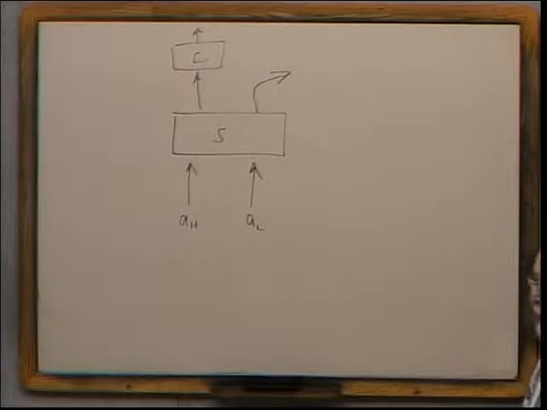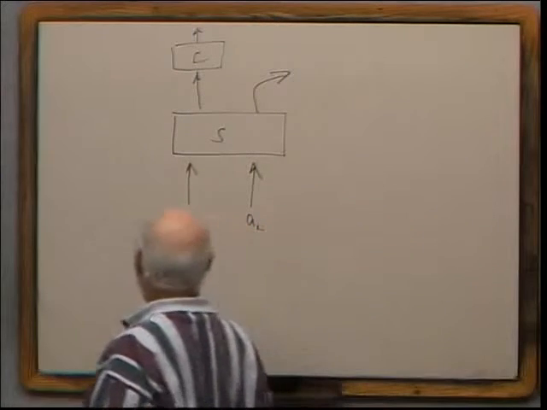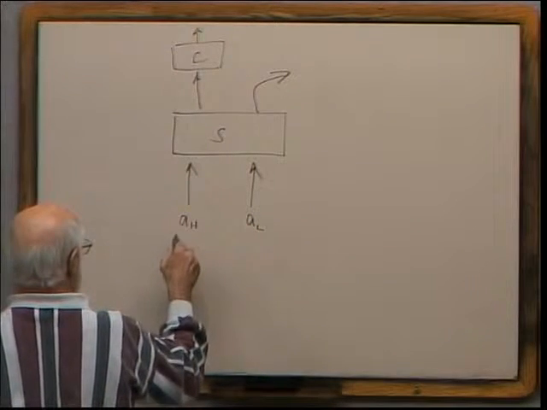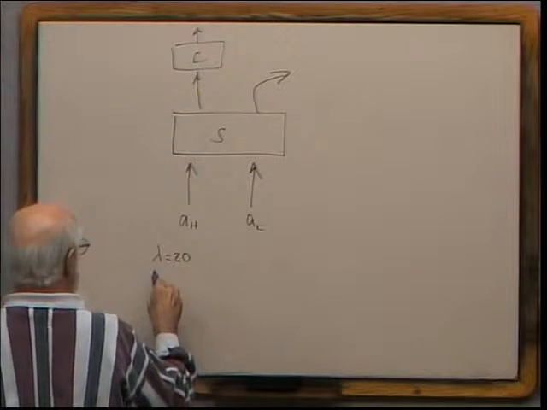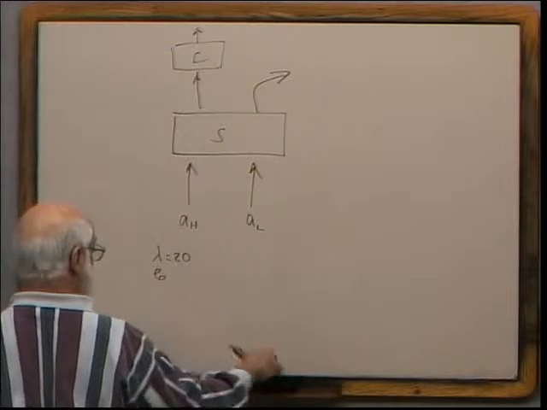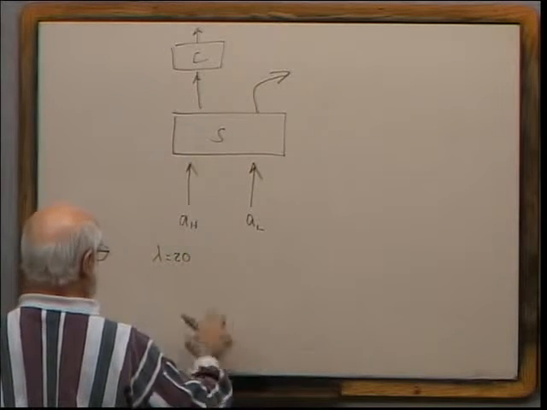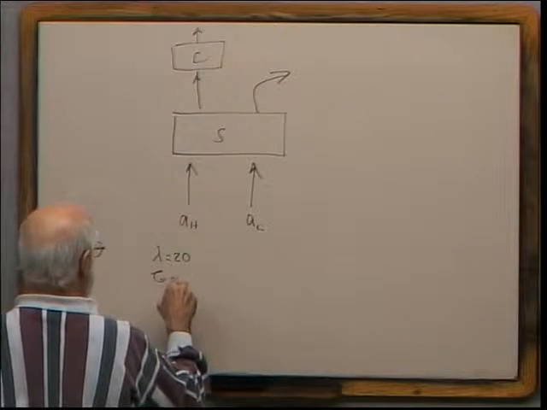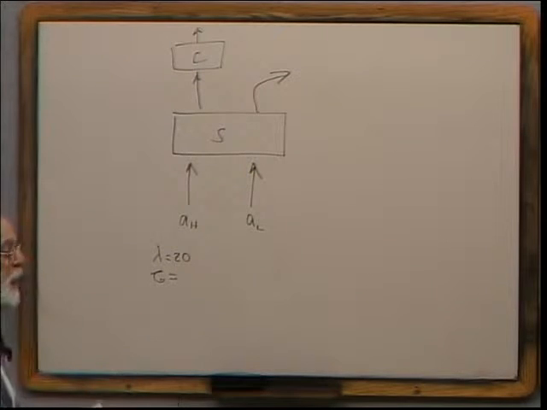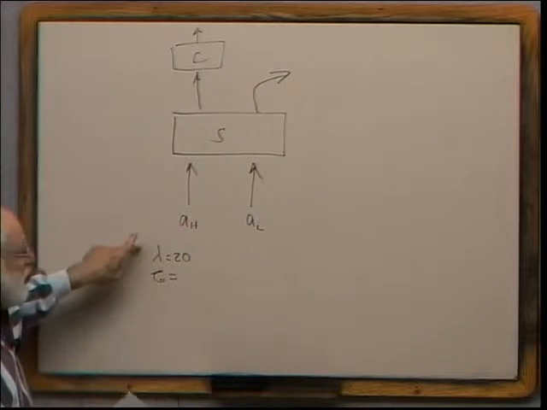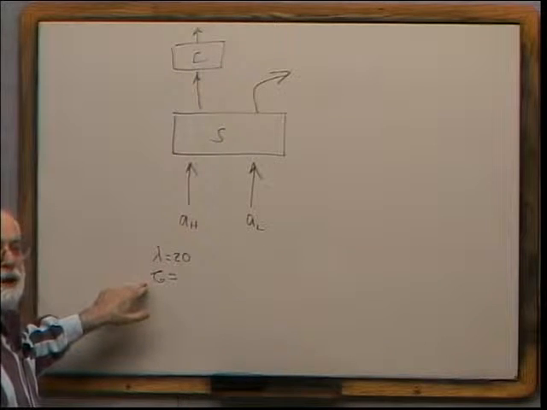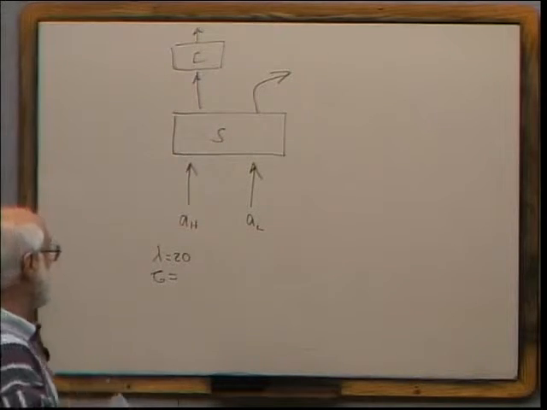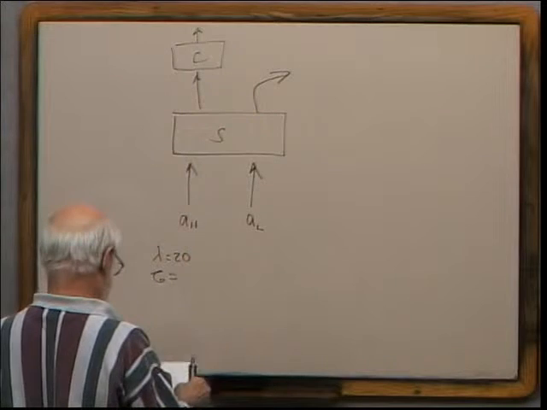So for AH, the lambda is equal to 20, and they require an average of 12 minutes. So the average service time is 12 minutes, but if lambda is in arrivals per hour, then tau must also be measured in hours. So therefore, 12 minutes is 1/5 of an hour.